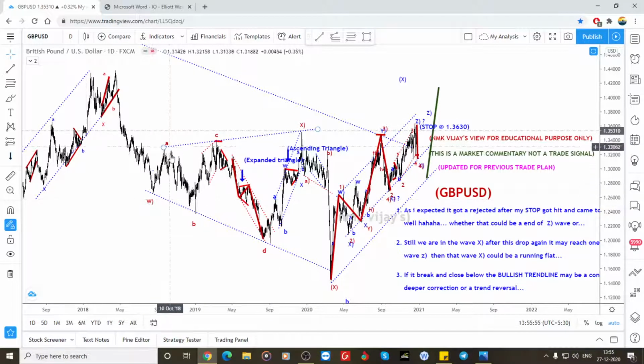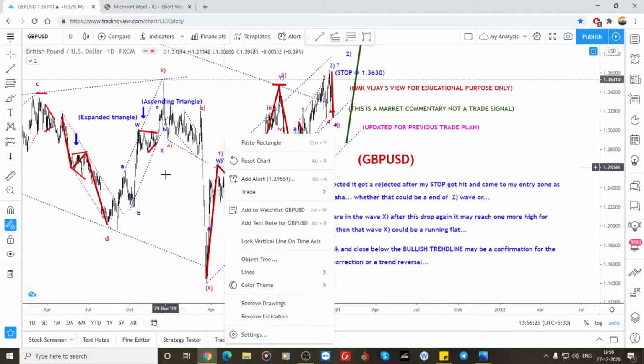So A is a three-wave structure, B is also a three-wave structure, and it has already broken the A wave, and C is also a three-wave structure and has already broken the A wave high, and D is also a three-wave structure and it has already broken the low of B. After that, finally the E wave has already broken the C wave high, so that is called an expanded triangle. And after that, this is W and this is X, A, B, C is a completed correction.